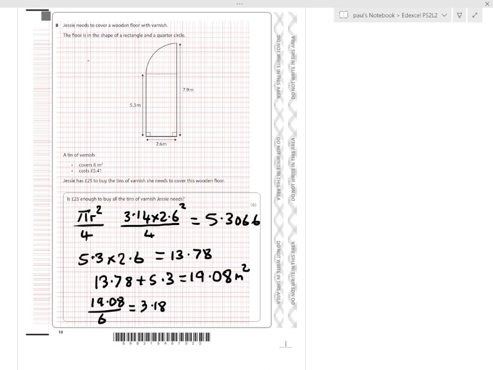So we round to 4, so we need 4 tins. So 4 times £5.41 is £21.64 to do the whole lot. There we go, the whole lot.